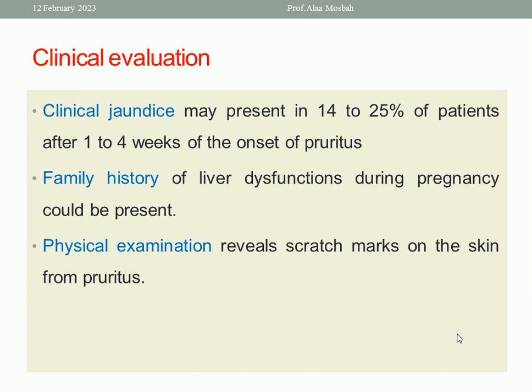And it was found that yes, it can happen in sisters or in families in general, cholestasis related to pregnancy. So you should ask about family history of liver dysfunction during pregnancy. Physical examination reveals scratch marks on the skin from pruritus.